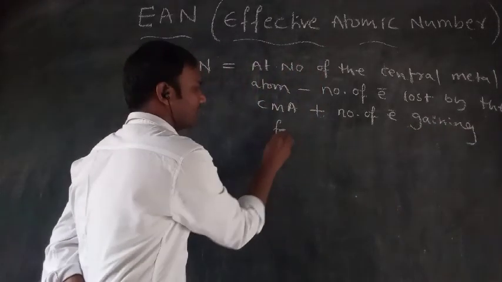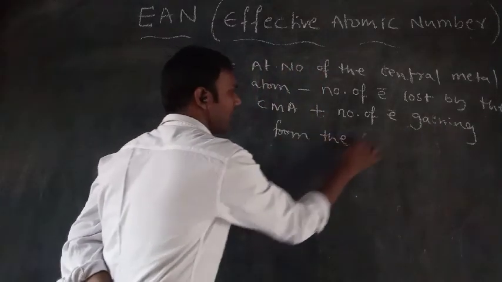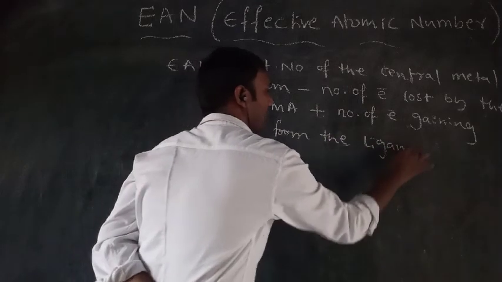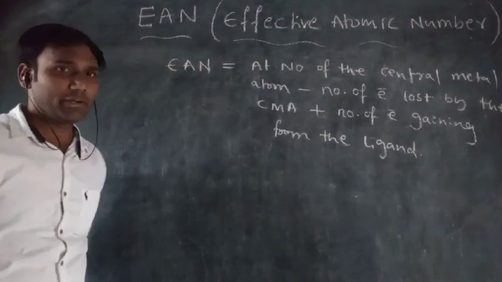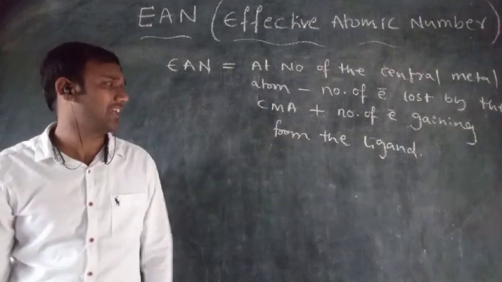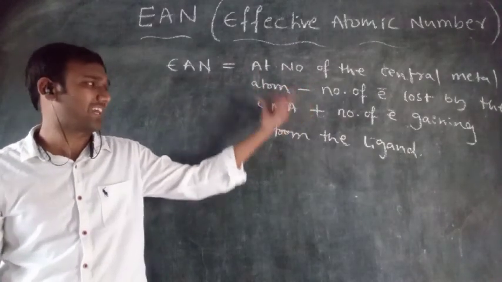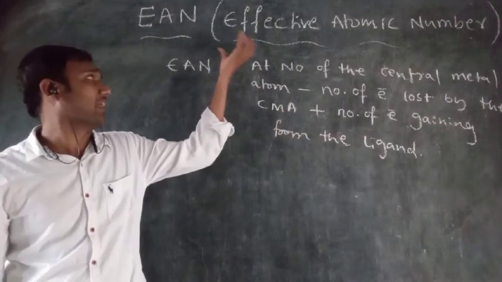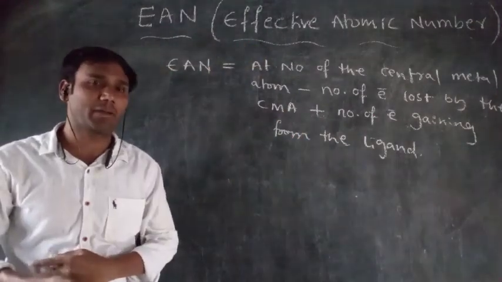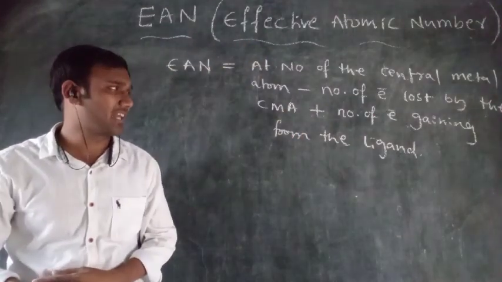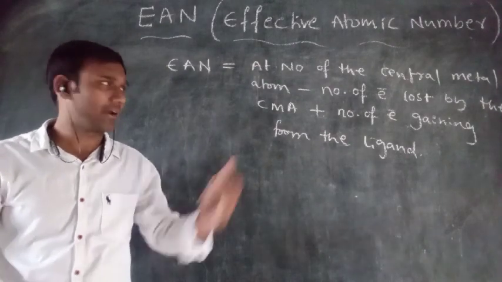If you remember this formula, you can easily identify whether the central metal atom in the coordination complex follows the effective atomic number or not, and we can easily understand whether the complex is stable or not.